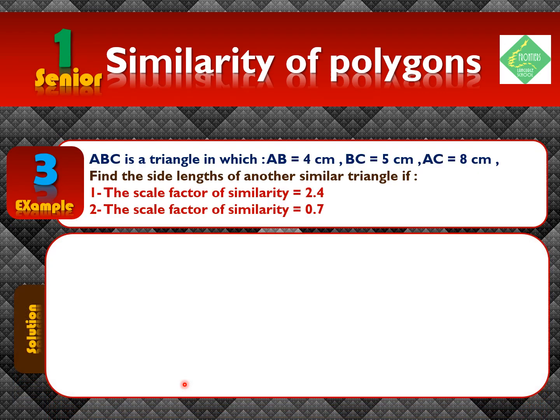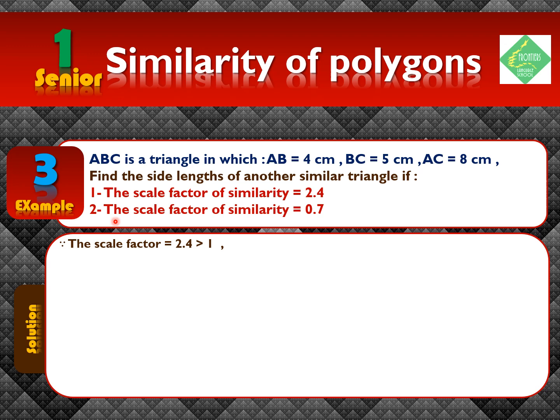Let's take example 3. ABC is a triangle in which AB equals 4 centimeter, BC 5, AC 8. Find the side lengths of another similar triangle if the scale factor equals 2.4 at number 1.